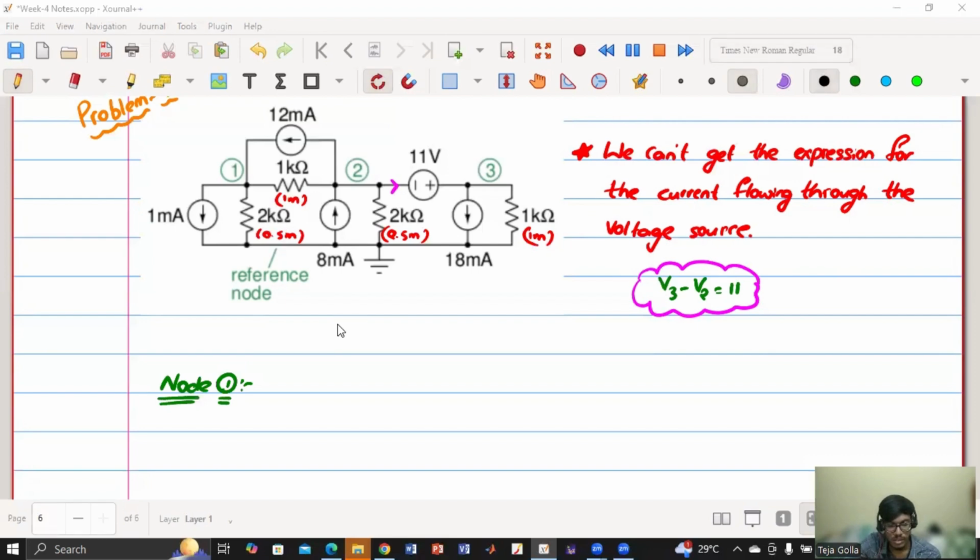Total, sir. Yes, total is 1.5. So 1.5 milli V1, and A12, which is negative of the conductance between 1 and 2, minus 1 milli V2, and A13, 0 V3. Yes, 0. Plus 0 into V3 is equal to current entering. How much is the current entering?